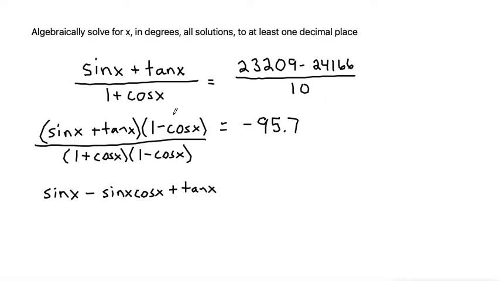And tan x times negative cosine, let's think about this in terms of tan being the same thing as sin x over cos x. When we multiply sine over cos by negative cos, the cos and the cos on the bottom cancel out. That leaves us with minus sin x.